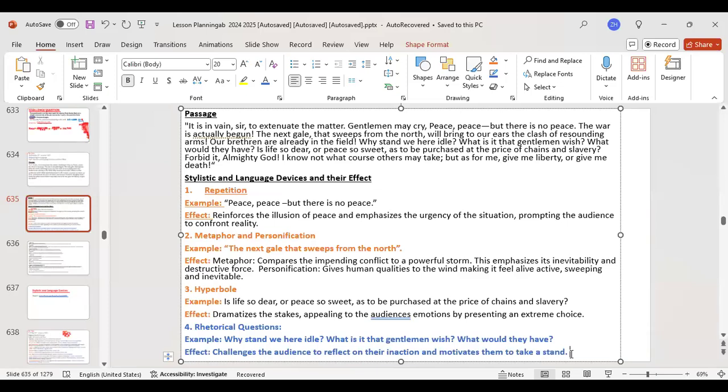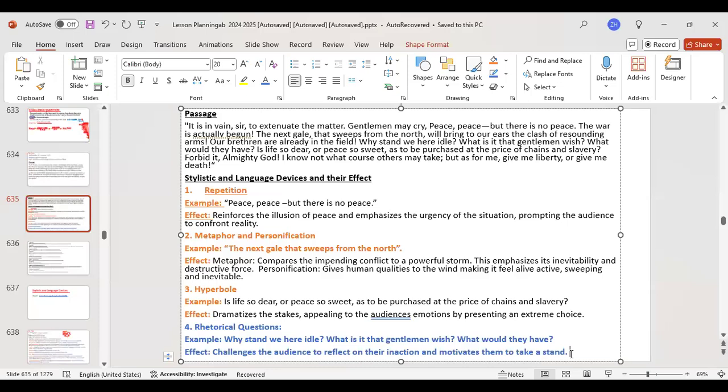What about, but as for me, give me liberty or give me death? What device is that? That can't be alliteration. Alliteration is when you use a letter or sound repeatedly, right? Like, she sells seashells at the seashore.